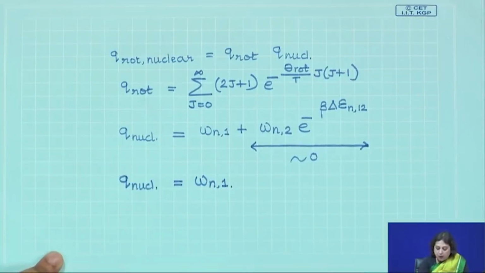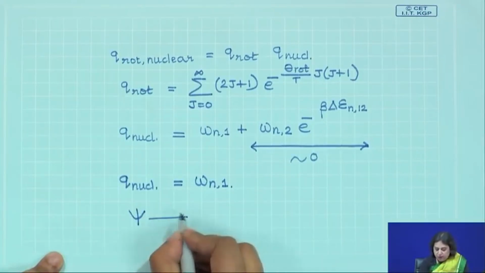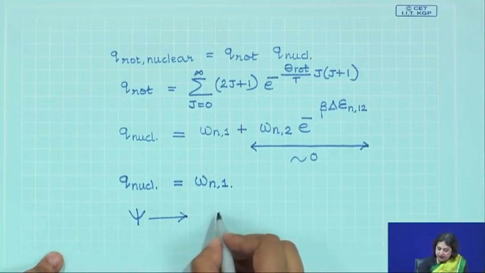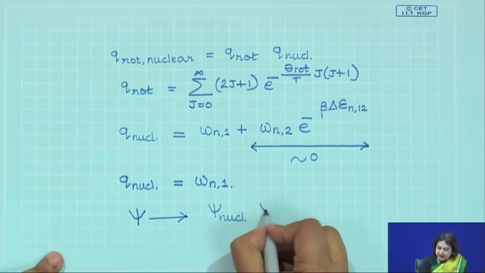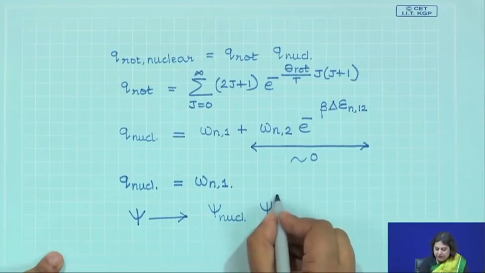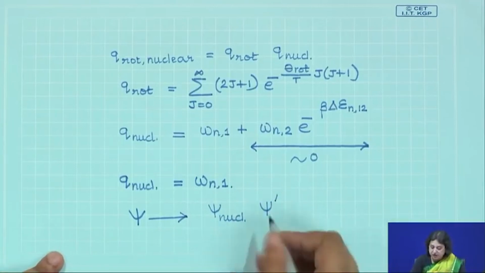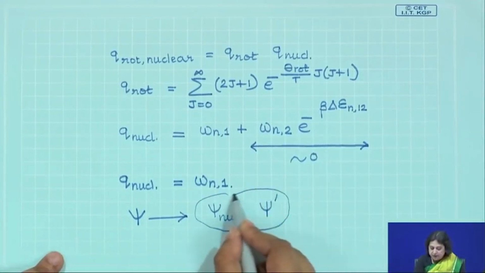Now, in our notation, we understand that only those combinations are acceptable where psi nuclear and psi prime, the contribution of the rotational psi, must have certain properties.